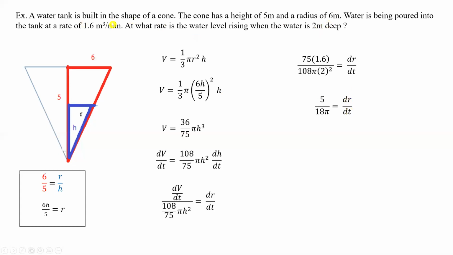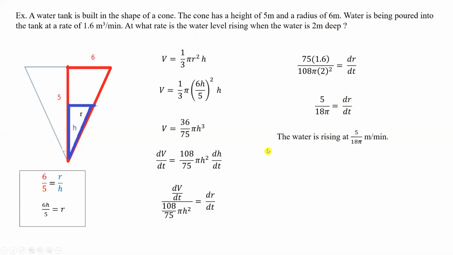Time we're measuring in minutes. So the water is rising at 5 over 18 meters per minute. So rising, we know that because it's increasing, and so it would be rising and not falling. It's getting bigger and not smaller.